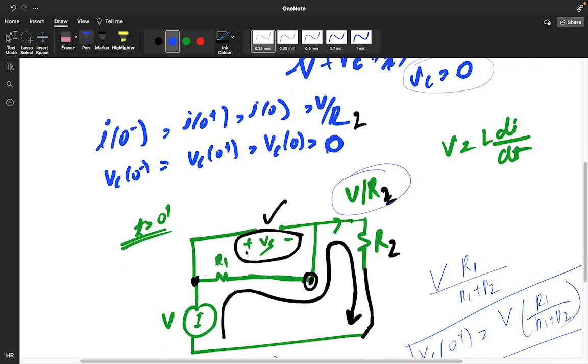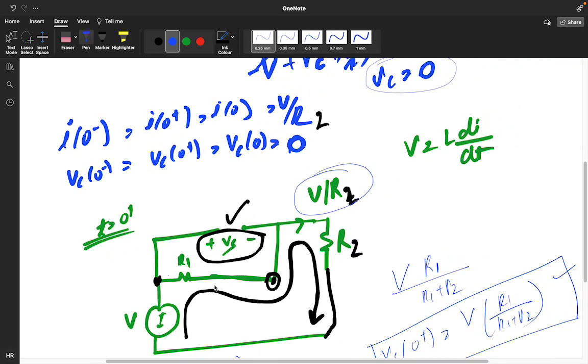Now at t equals 0, my Vc0 will remain shorted, because we know that Vc0 minus is equal to Vc0 plus is equal to Vc0, and my inductor current will remain the same, V by R2.